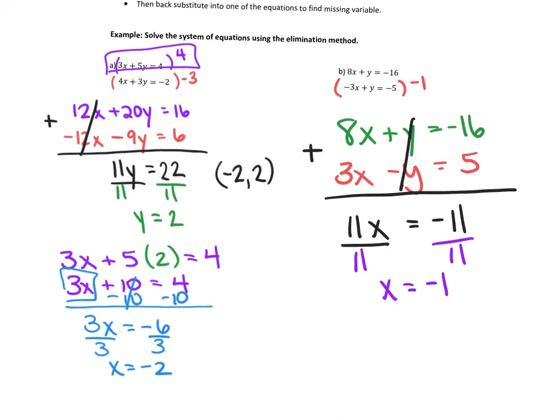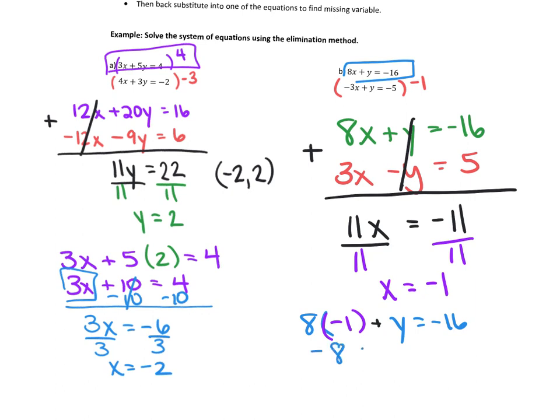Again, I can go to any equation I want and solve for the value of y. I'm going to just take the top equation again. So I'm going to say 8 times x, which is -1, plus y equals -16.